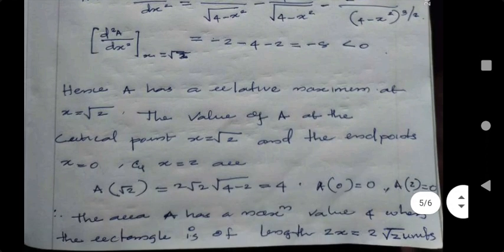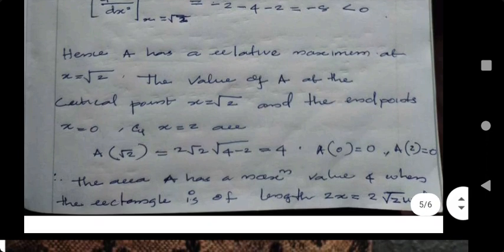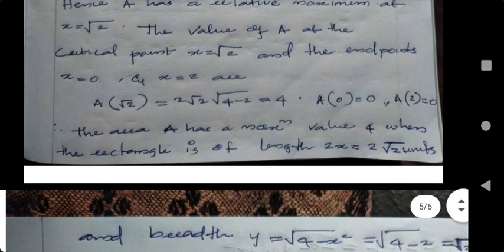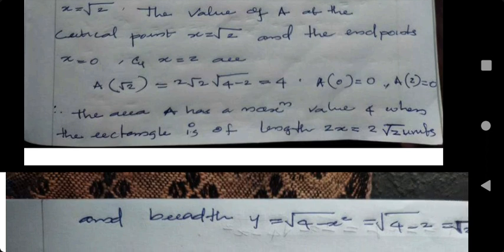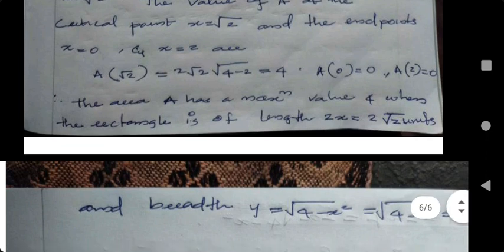Hence A has a relative maximum because we got a negative number, that's minus 8. The value of A at the critical point x equal to root 2 and the endpoints x equal to 0 and x equal to 2: A of root 2 equal to 2 root 2 into root of 4 minus 2, equal to 4. A of 0 equal to 0, A of 2 equal to 0.